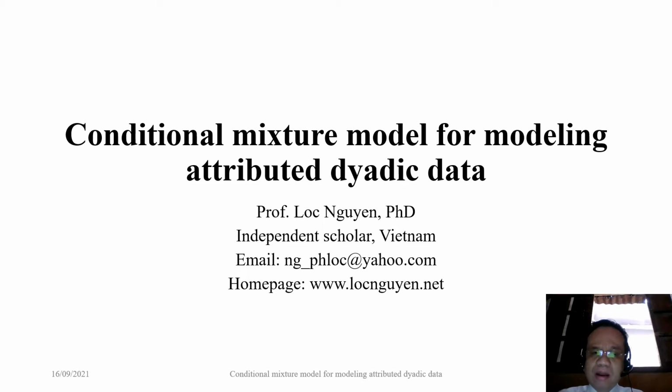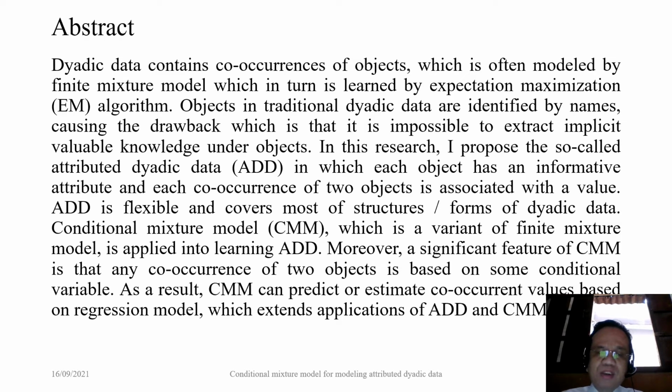Today, I'm very honored and happy to present my research: conditional mixture model for modeling attributed dyadic data. Dyadic data contains co-occurrence of objects, often modeled by finite mixture model, which in turn is run by the expectation maximization EM algorithm.